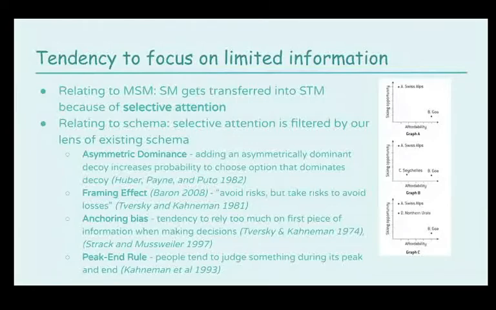Another option would be the anchoring bias, and this happens when you tend to rely too much on the first information you have when you make decisions. This is supported by the study of Tversky and Kahneman in 1974 and Strack and Mussweiler in 1997.